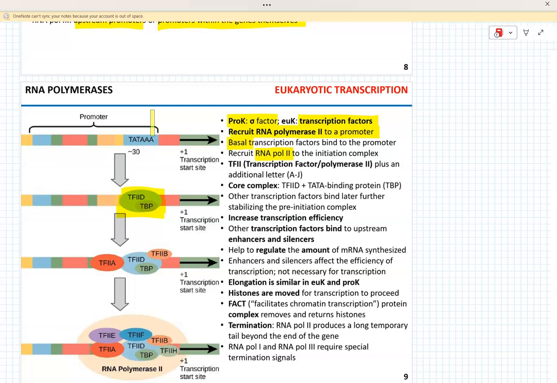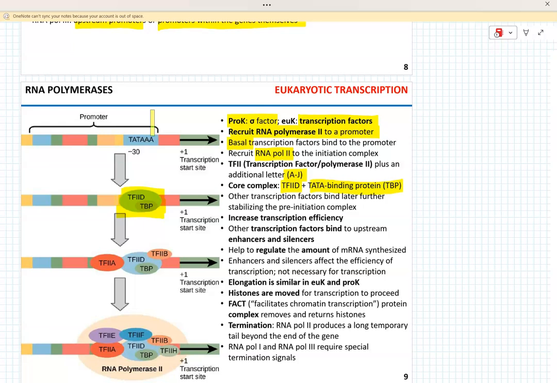The fundamental basal transcription factor is TFII. There are several kinds of TFII factors that have letter designations. The core complex of transcription factors consists of TFIID and TATA binding protein, or TBP.